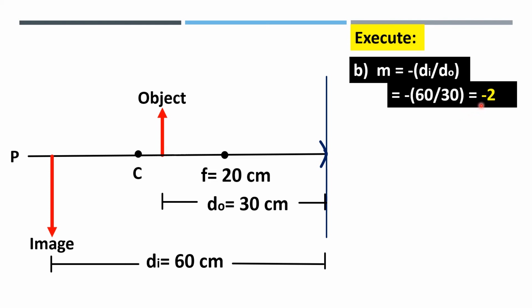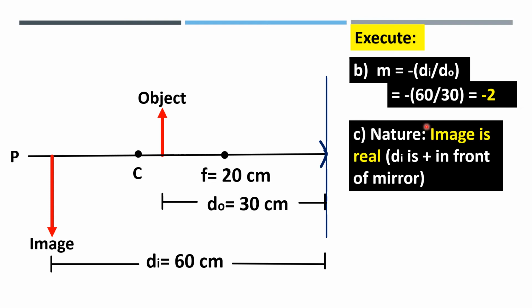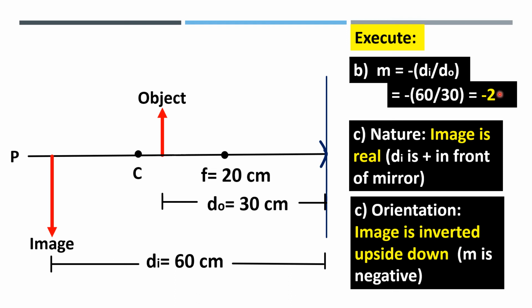Now how will you be able to tell if the image formed is bigger or smaller or of the same size as the object? As you can see, the absolute value of the magnification is 2. Absolute value meaning disregarding the sign, which is negative in this case. If we disregard the sign of our magnification, we have a value 2.